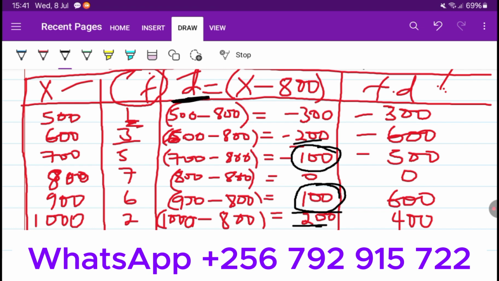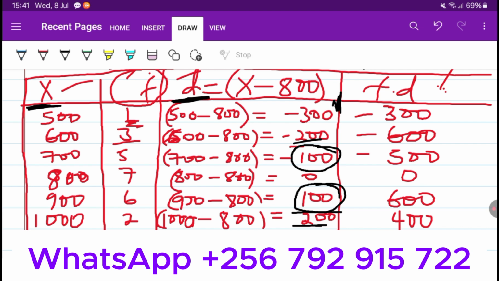We just pick a common value as long as it has both a negative and a positive. So we are going to draw this same table from here up to this D. Then we proceed with the rest of the steps for us to use the other method.